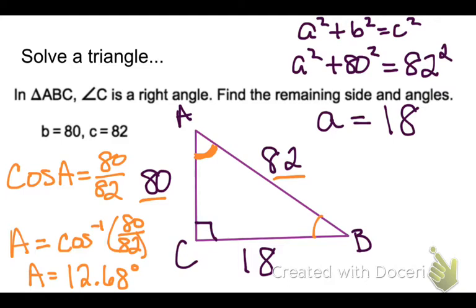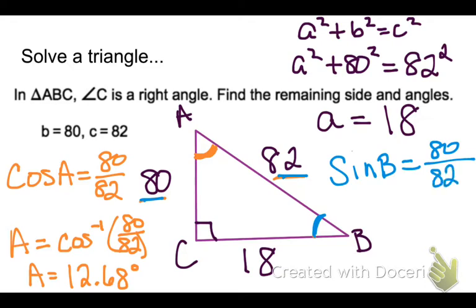Now to find angle B, I'm going to change colors so we can differentiate a little bit. I still want to use the known values that I was given at the beginning of the problem. Even though 18 is not a rounded value, if you get a rounded value, I don't want you to use it because it will further throw off the rest of your problem. So for angle B, we're going to use sine because 80 is now the opposite of angle B, and 82 is the hypotenuse.